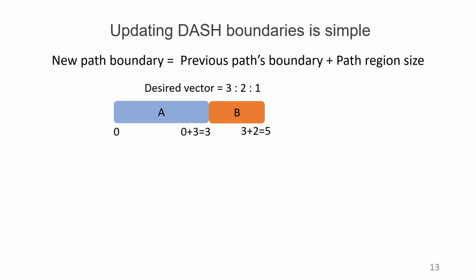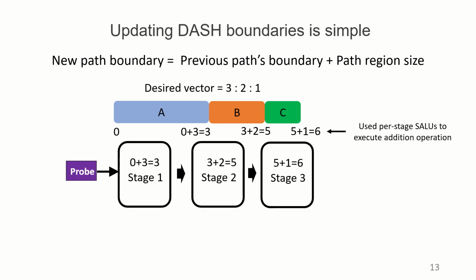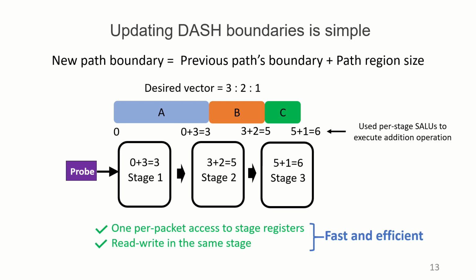And we can get the third boundary in a similar way. All this can be done during the processing of the probe packet, because we only need to access one register per stage, and we do read and write to the same register in the same stage. Dash is both fast and efficient.